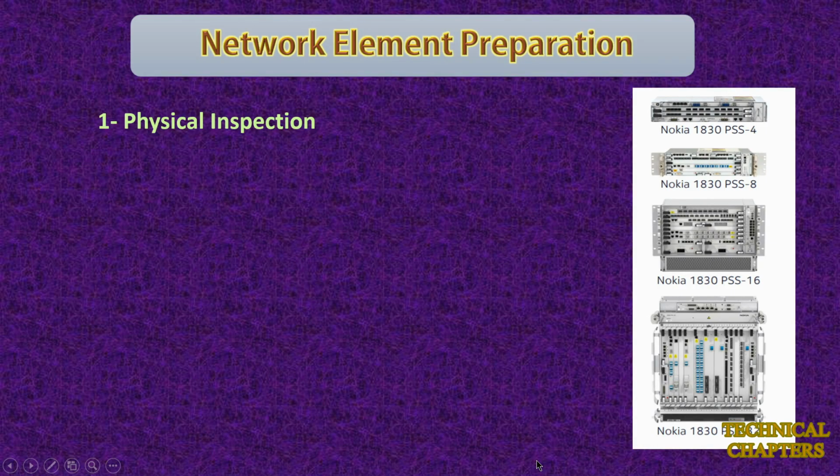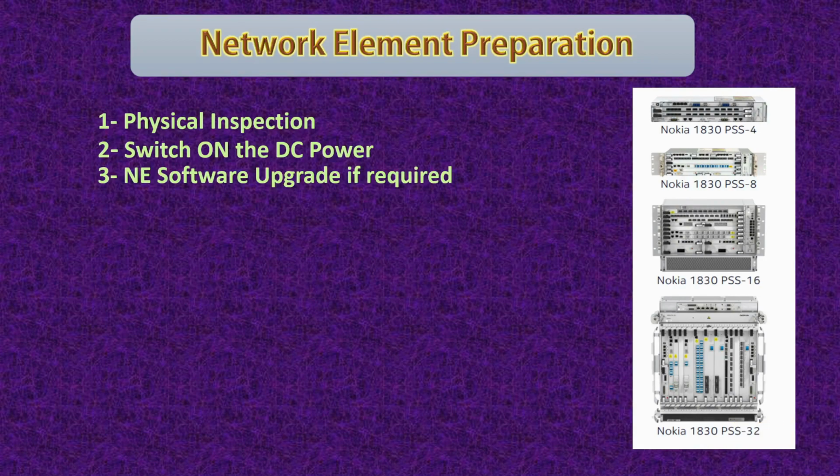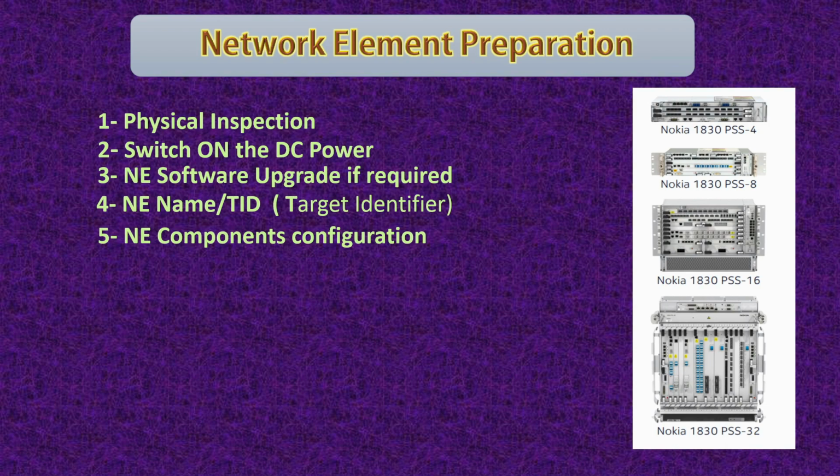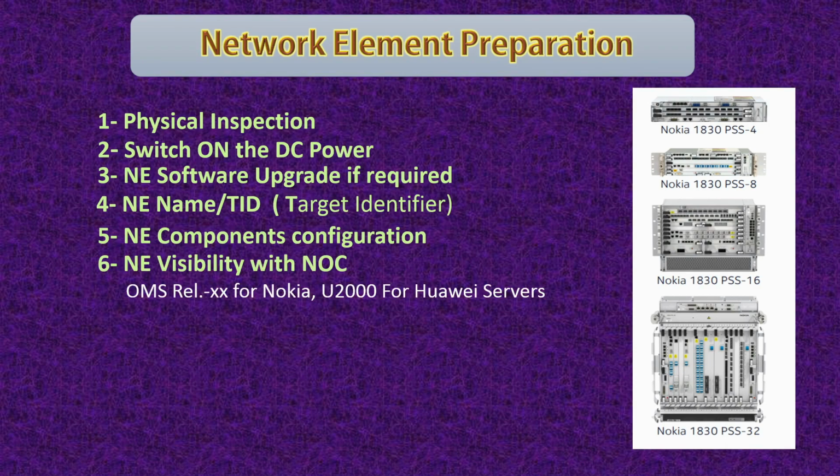What steps do you need to configure equipment? So what will you do if you are going on the site and the installation is finished? First of all, we will go for physical inspection, switch on the DC power, any software upgrade if required, any name, TID means target identifier, unique name of the network element, any components configuration, any visibility with the NOC, OMS release 15, 16 or 13.